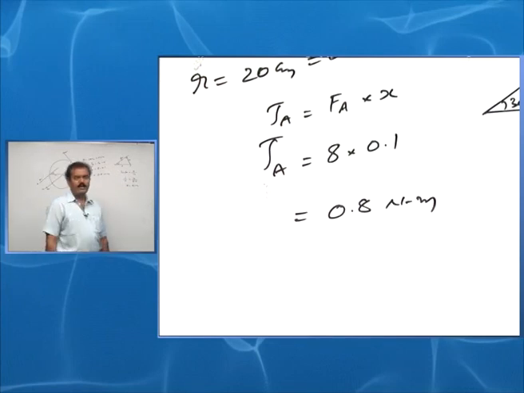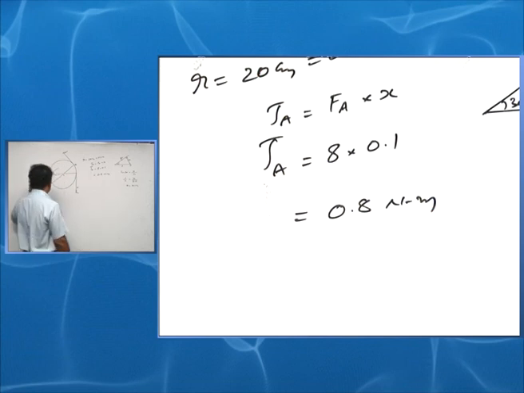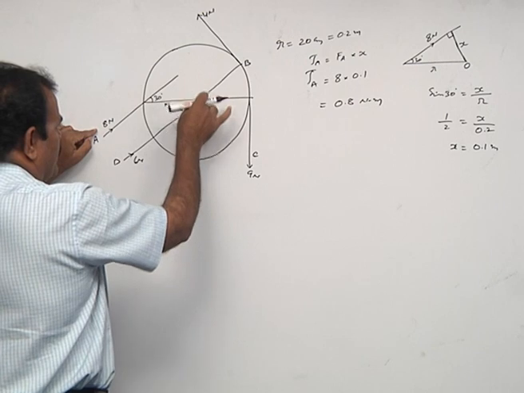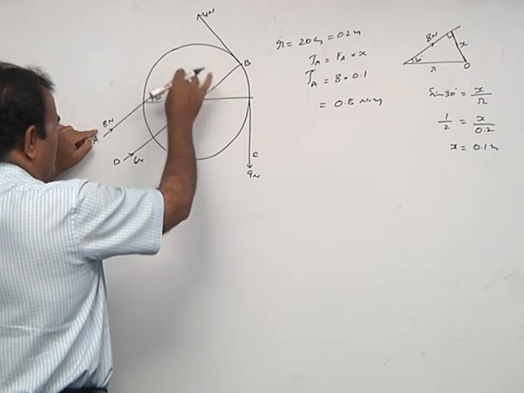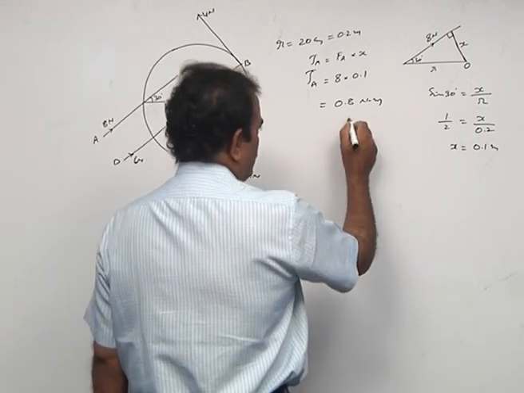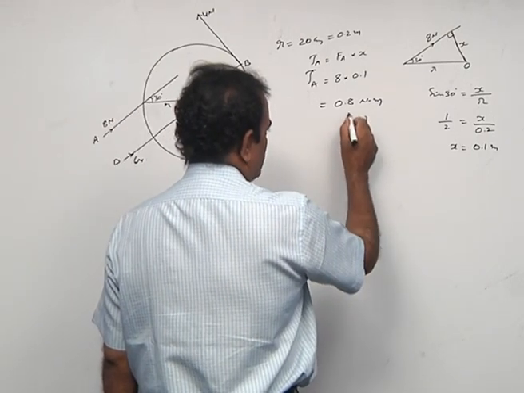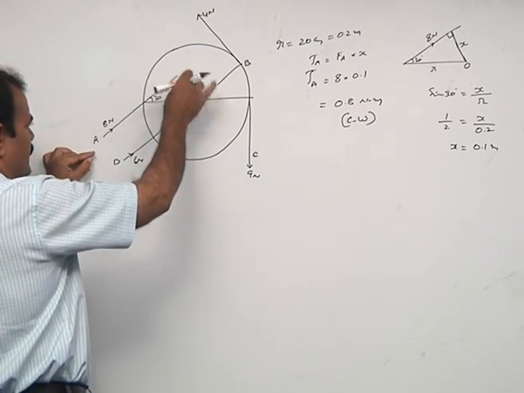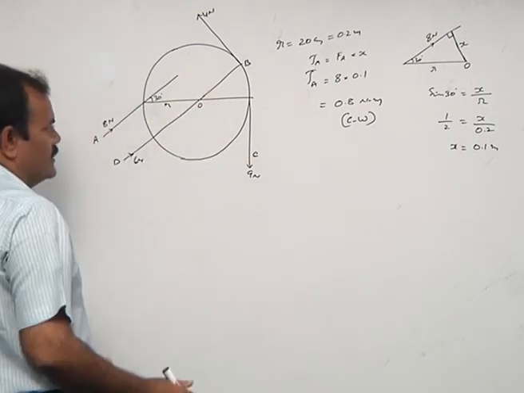Again we have to give the direction also. Now this force about point O develops the torque in this direction, which is nothing but the clockwise torque. So clockwise torque is produced here. It is moving like this about the point O, so it is clockwise.